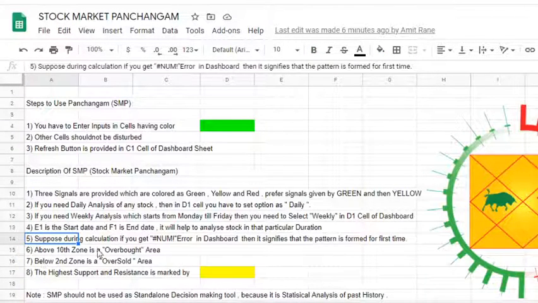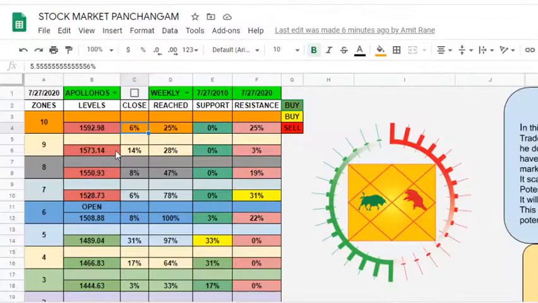Okay, above the 10 zone is the overbought area. Below the second zone is the oversold area. So what it is telling is that if the market price goes above the 10 zone, the market will try to descend from this zone because it is already an overbought zone area, and the market falls from the overbought area. So there will be a slight selling when the market reaches the overbought zone.